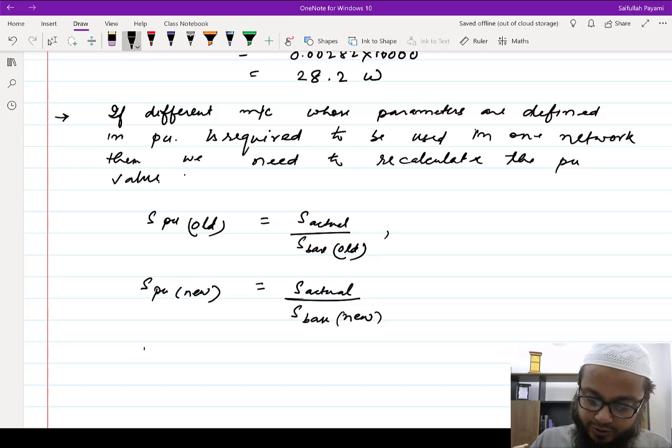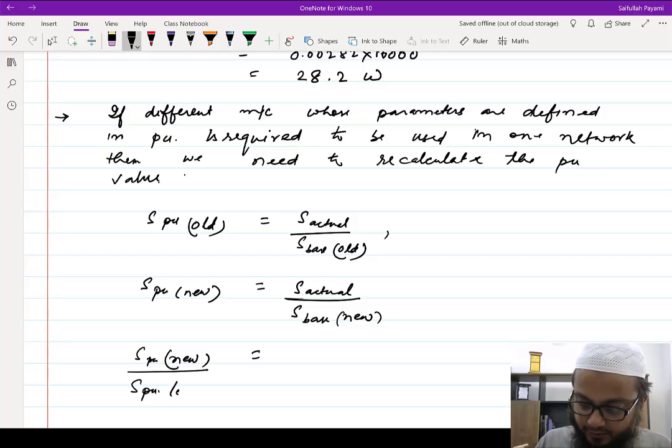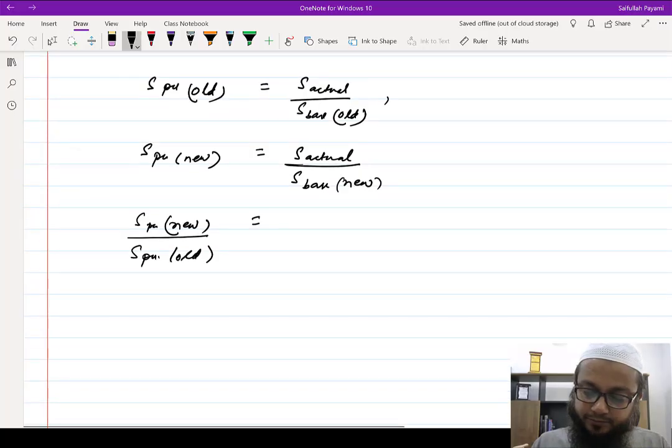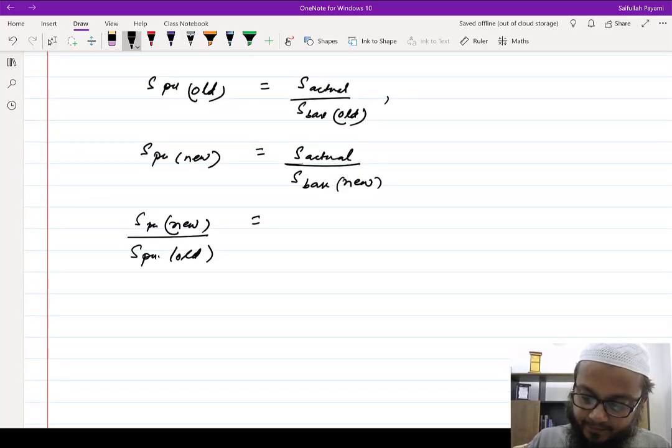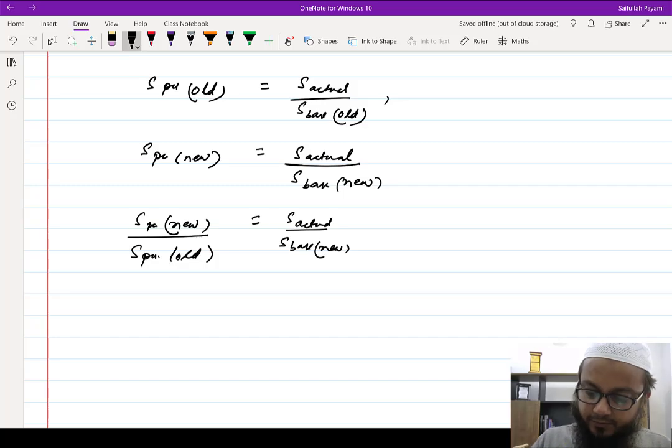Okay, so S per unit in new base upon S per unit old would be equal to S actual upon S base new into S actual upon S base old, right?